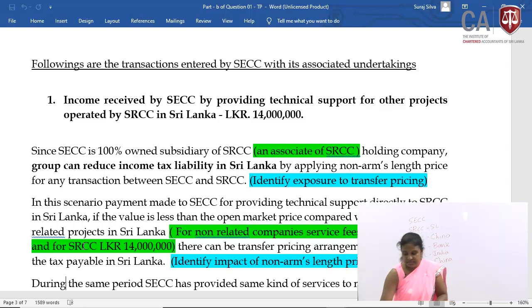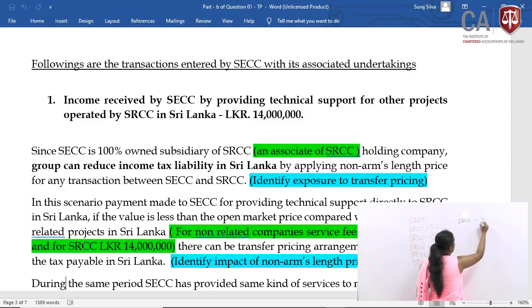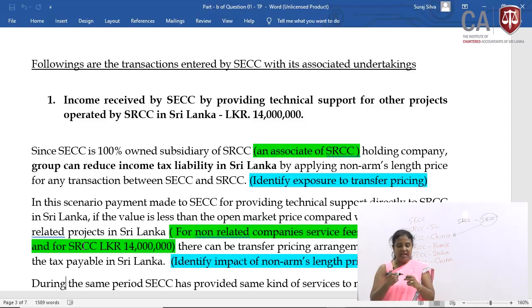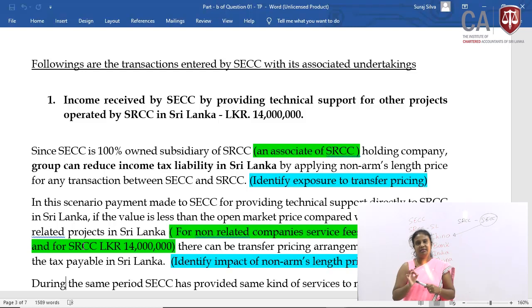Then again, see the relationship. SECC is the wholly owned subsidiary of SRCC China. Then automatically they become associated persons. Now that's the first thing. Now they are associated, they have a transfer pricing risk. With that understanding, we will go for the answer.